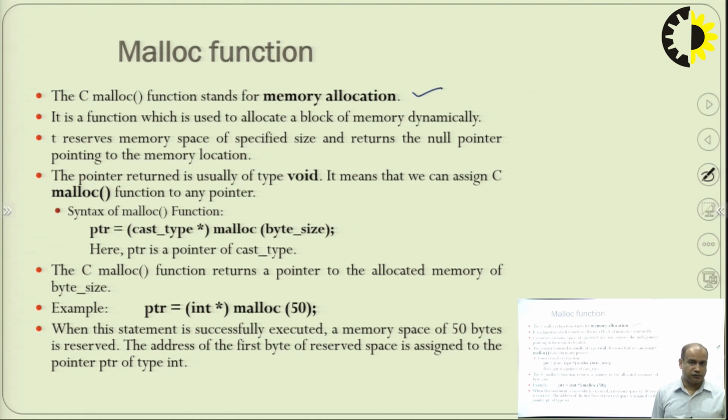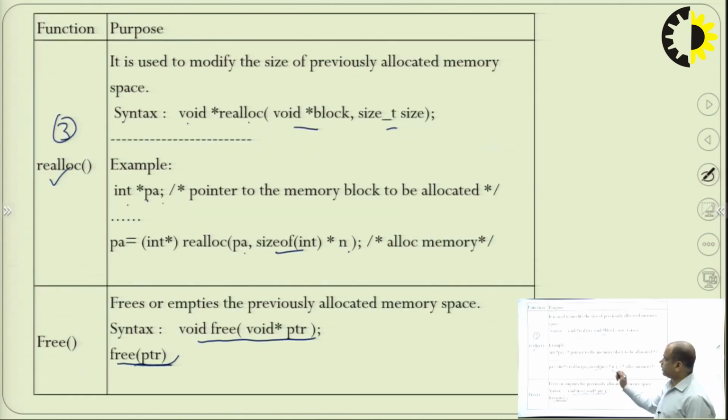If it is not successful, it will return null. The returned pointer is usually of type void, which means we can assign the malloc result to any pointer. As we are using here, we have used an integer type of variable.